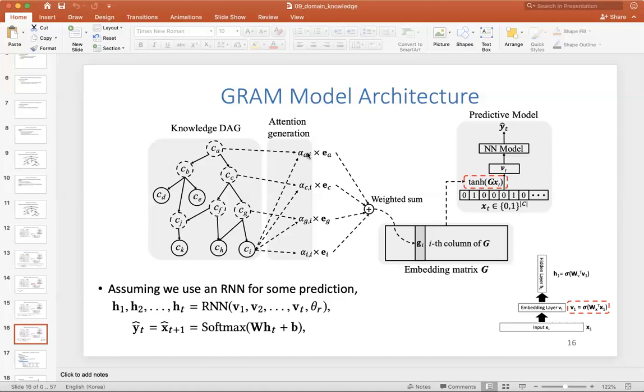But in EHR, in healthcare, data are very expensive, and there are privacy issues. So this approach, combining domain knowledge with a very small amount of data, could be helpful. That's the whole spirit of this paper. But in reality, if you have a lot of data, you don't need to care about domain knowledge.